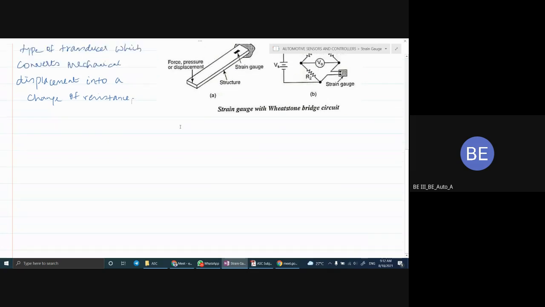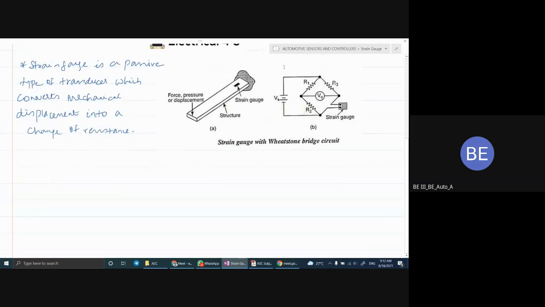Have you ever seen wafers in the shop? Wafers, have you seen them in the shop? So it is a thin wafer-like substance, which can be fixed or pasted on the object that we are going to measure.